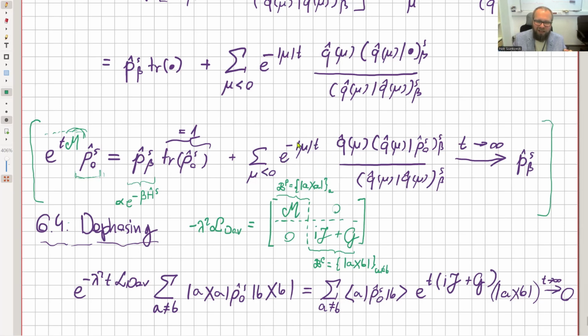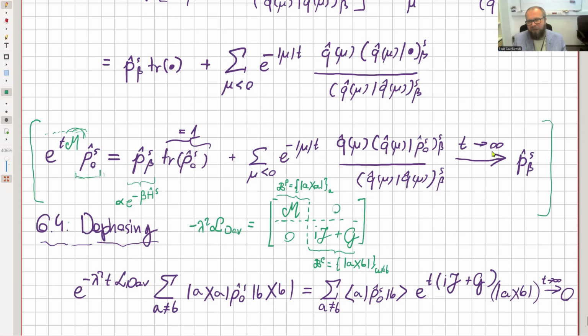And it means that any part of the initial state that's not parallel to the thermal equilibrium state gets erased by this kind of exponential decay, with eigenvalues setting the time scale on which this decay happens, right?